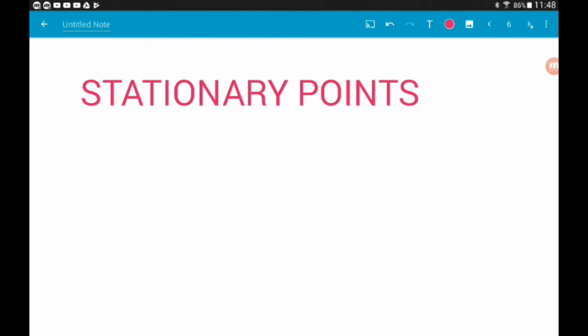Remember when we were sketching cubics and we were finding sometimes the stationary points, we could only really find those if they were on the axes. Now that we know how to differentiate, we are able to find stationary points that are anywhere in the x, y plane. So it's quite powerful.